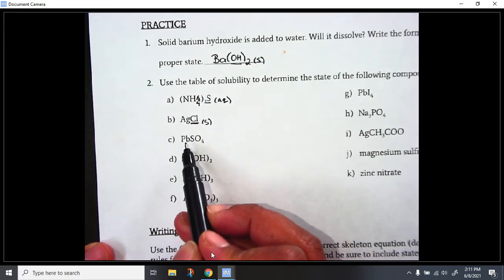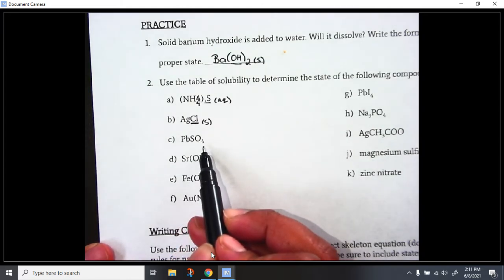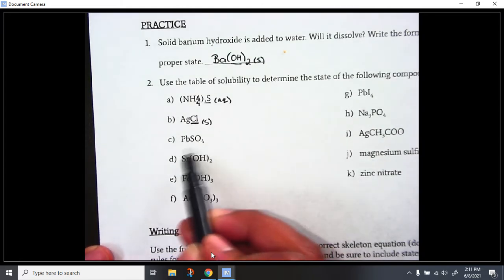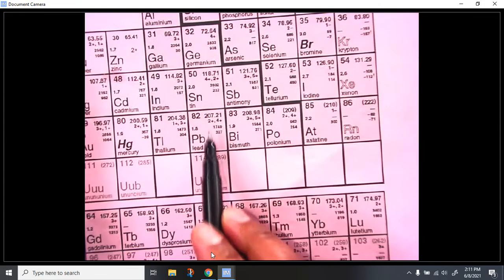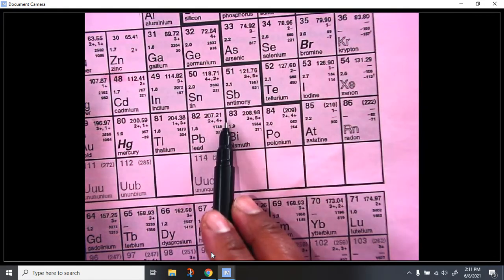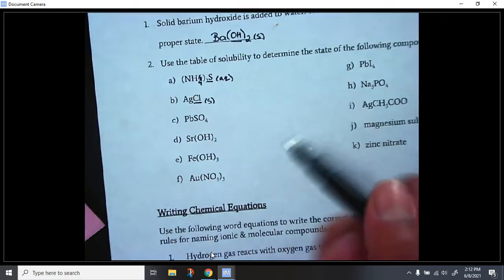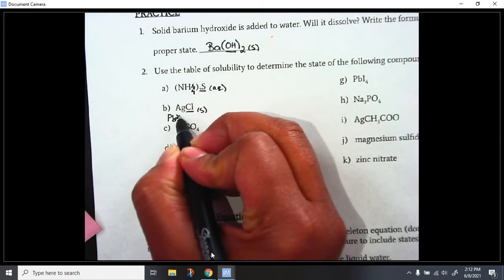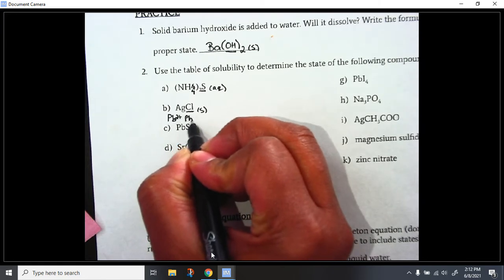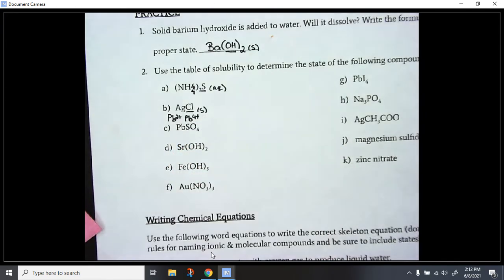Next, this is actually lead 2 sulfate. Again, we'd have to go back to, it's just because I've done so much chemistry, so I'm familiar with a lot of the chemicals from using them over and over again. I know that lead has a charge of Pb2+ or 4+. So it could be either one of those.